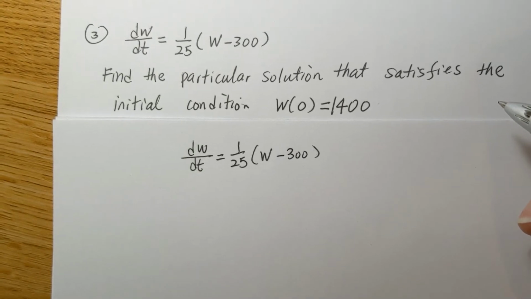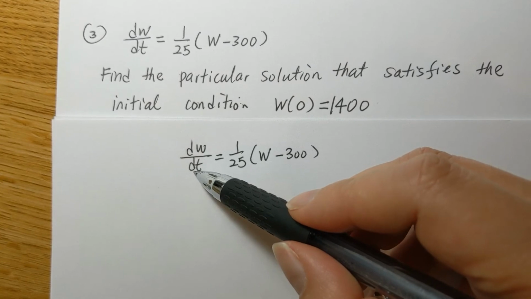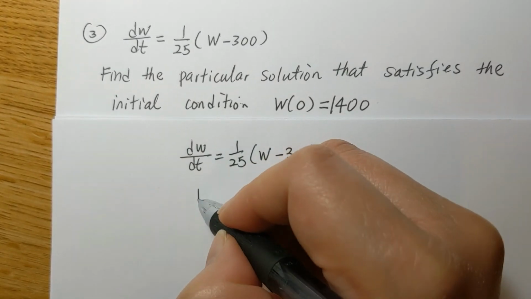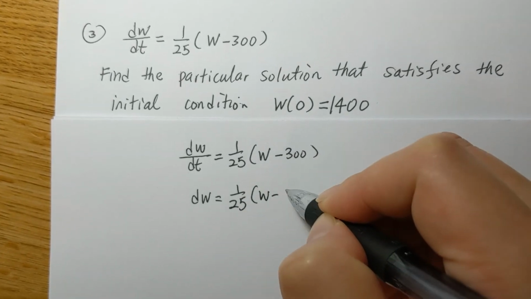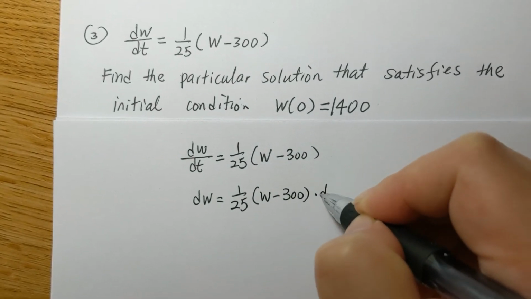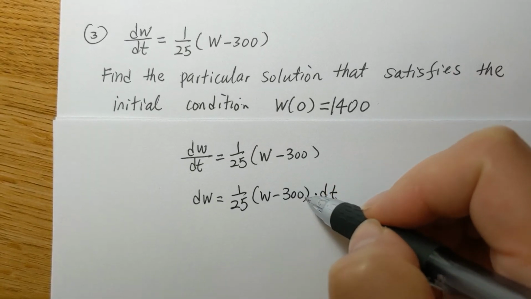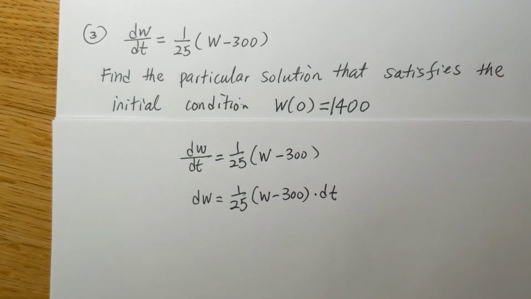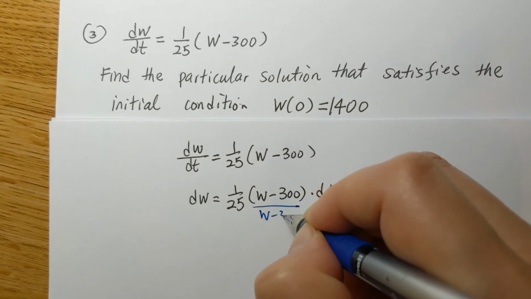So step number 1, we're still trying to separate the variables. So now I'm going to multiply the dt to this side. Because I still had to divide the w minus 300. So now I'm going to divide the w minus 300.